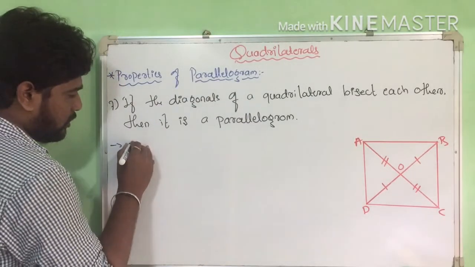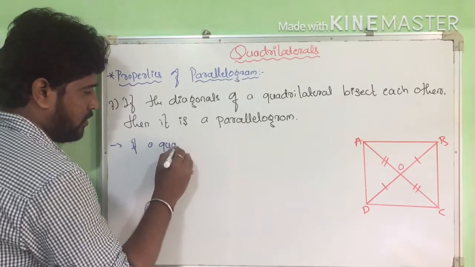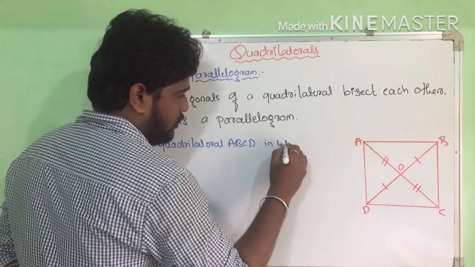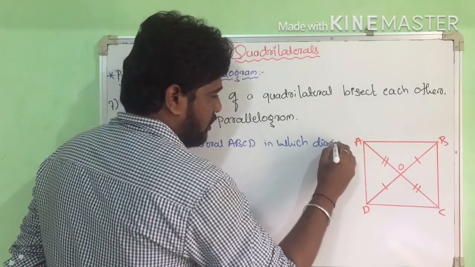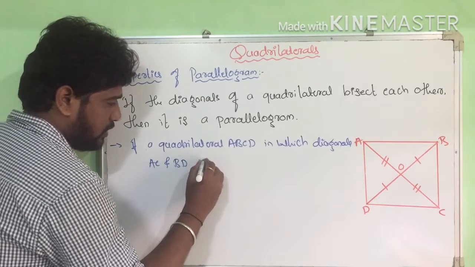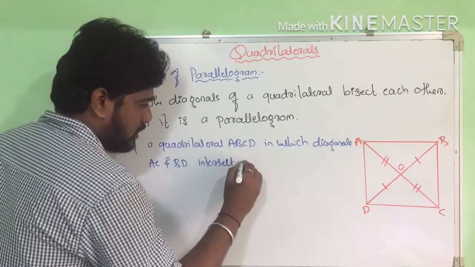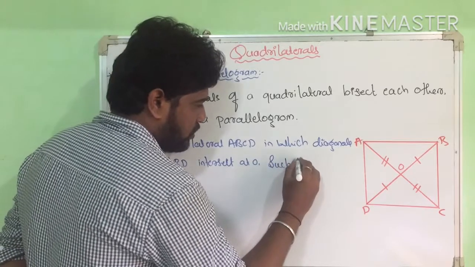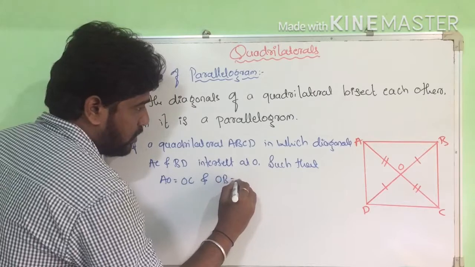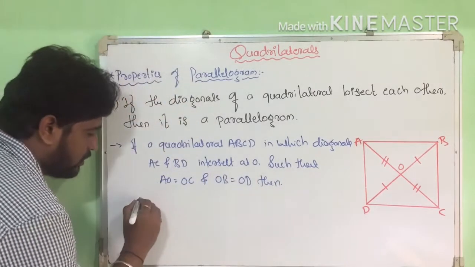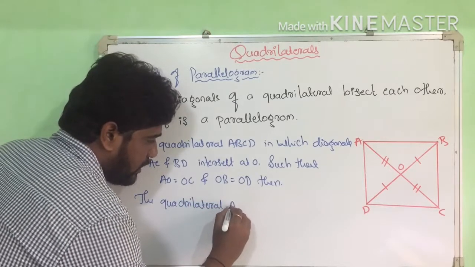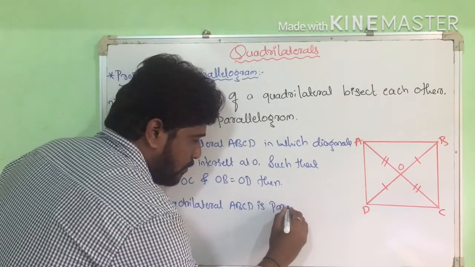So write down here. If a quadrilateral ABCD in which diagonals AC and BD intersect at O such that AO is equal to OC and OB is equal to OD, then the quadrilateral ABCD is a parallelogram.